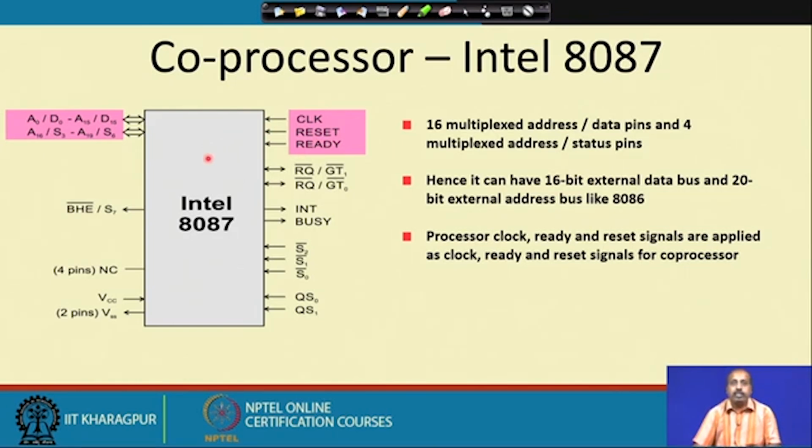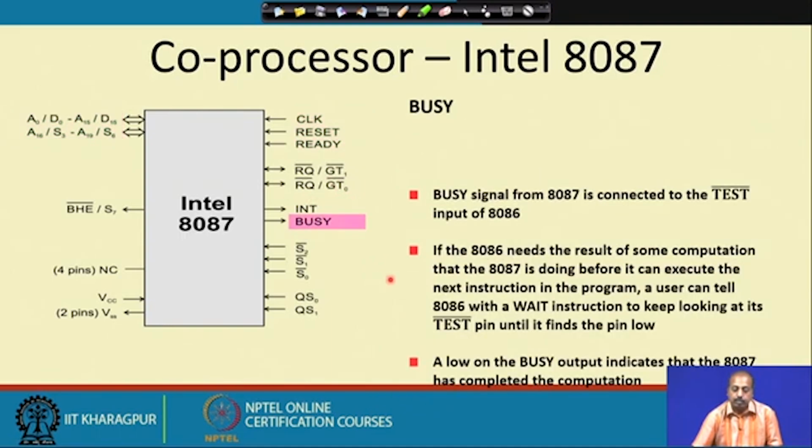If there is a global reset, then this reset pin will affect the 8087 also, so it will reset the 8087 processor too. Then the request grant lines are useful for getting control of the address and data bus from 8086, and there is an interrupt line by which it can tell the 8086 processor, okay, I am done, you can continue now.